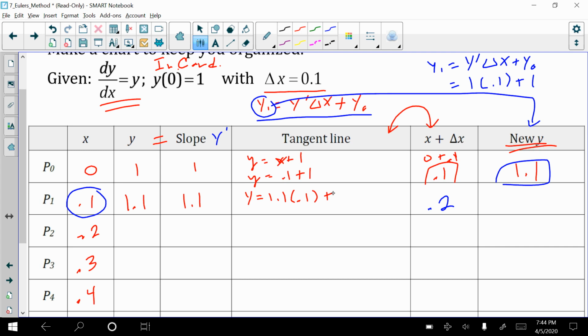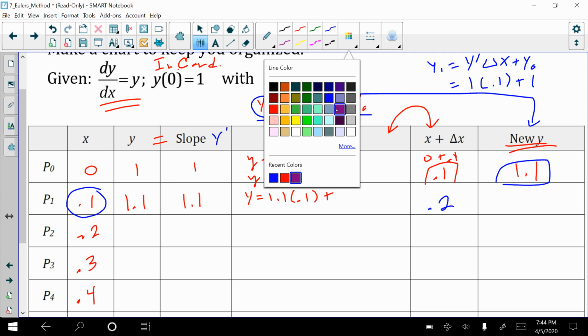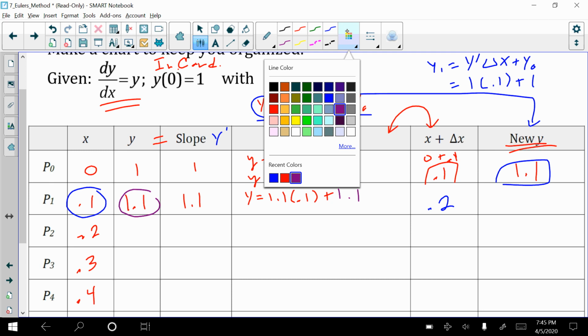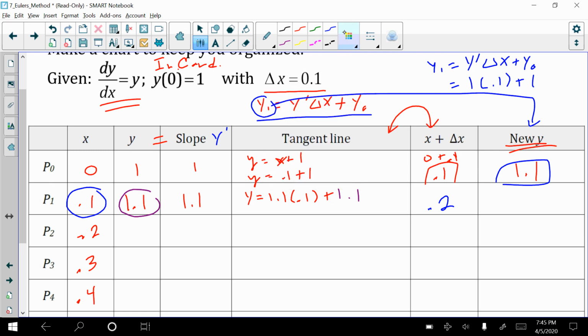We have to go to the y value that we created from the last step. So this new y value here of 1.1 is what I put here. So 1.1 times 0.1 plus 1.1 is what our new y value will be, which in this case will be 1.21.